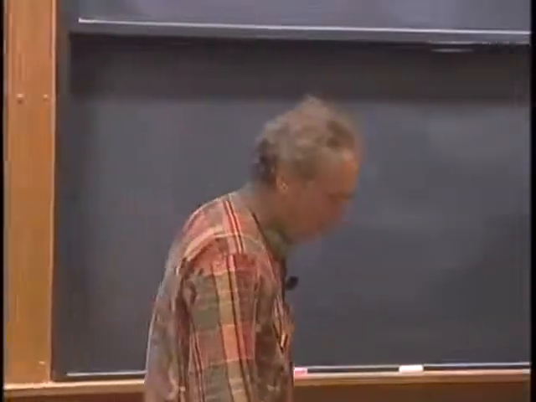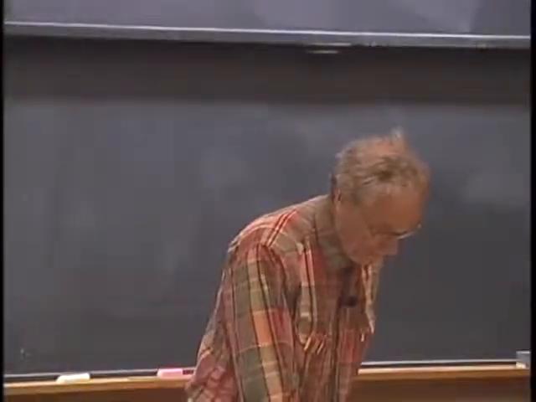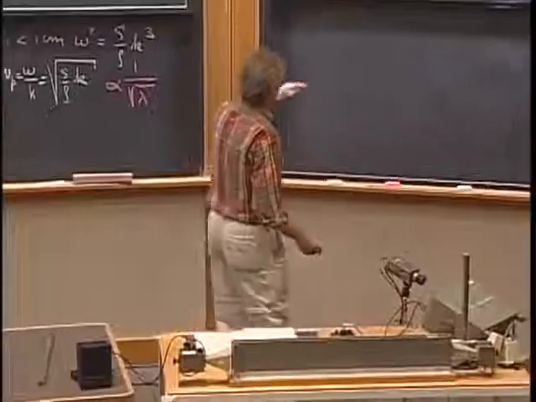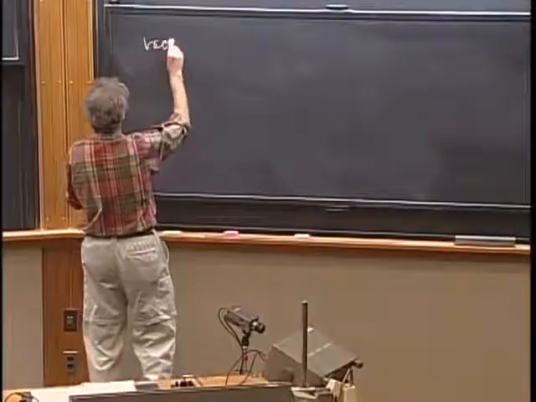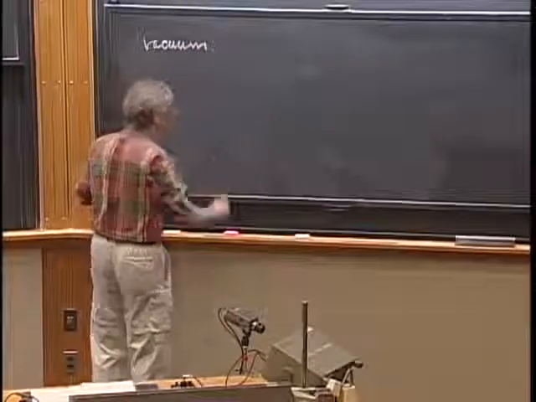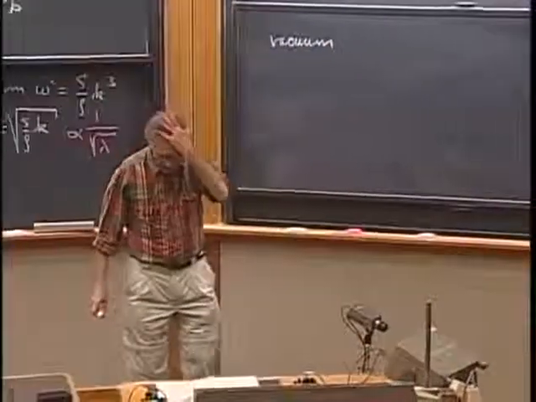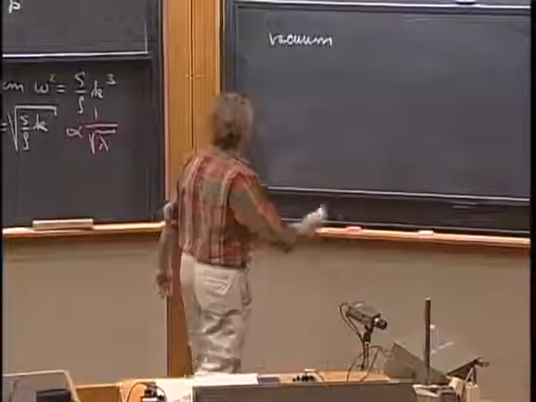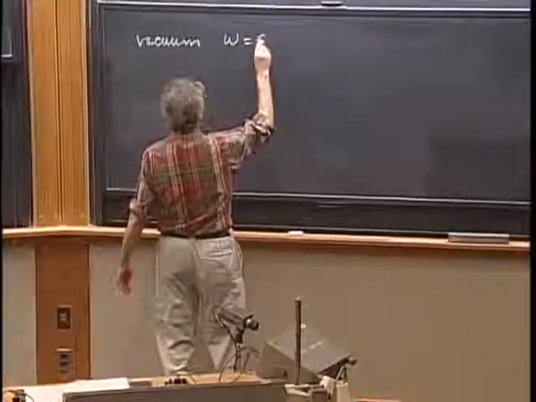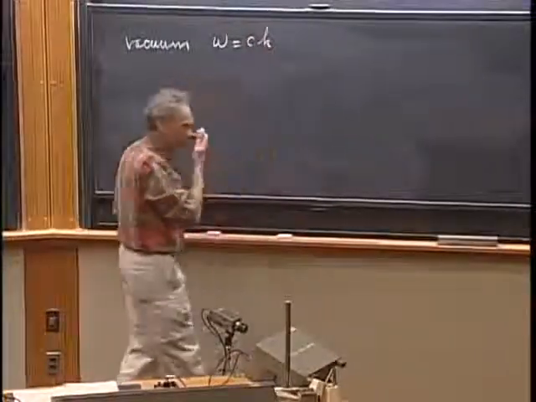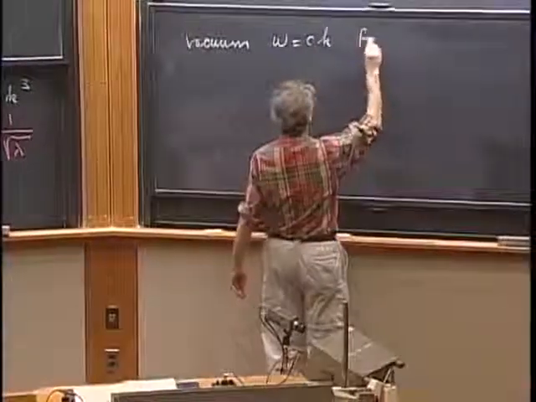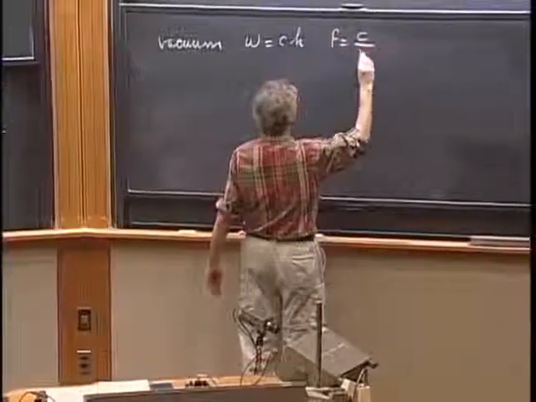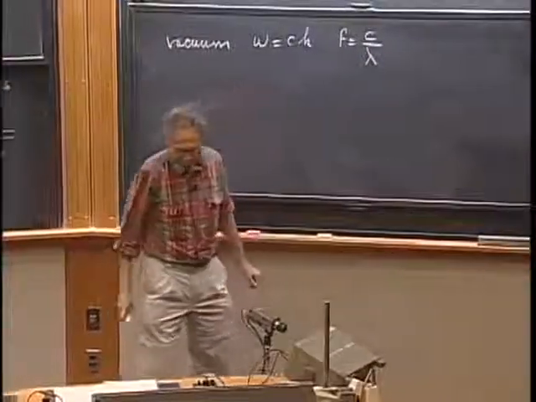That can actually be derived. So in free space, that means in vacuum, electromagnetic waves are non-dispersive. Omega equals c times k. That's a non-dispersive relationship. So the frequency of electromagnetic waves is c, the speed of light, divided by lambda.